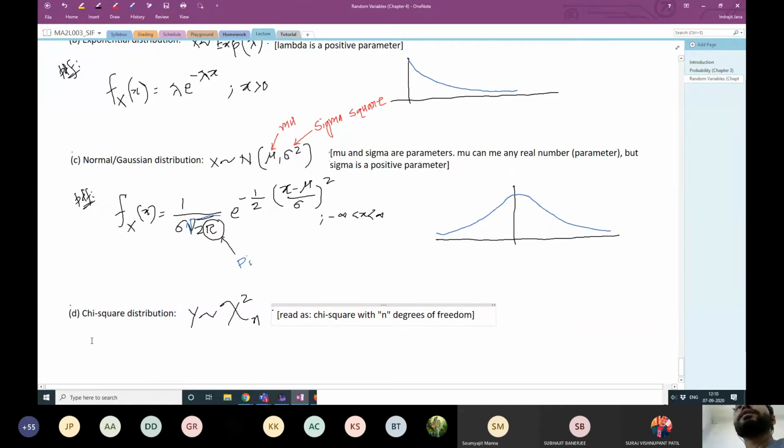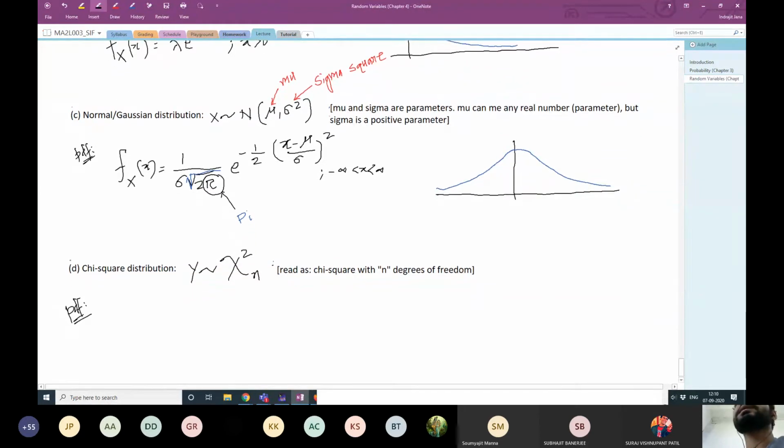And the PDF of this distribution is given by f_Y(y), literally y, 1 over 2 to the power n over 2 gamma of n over 2.